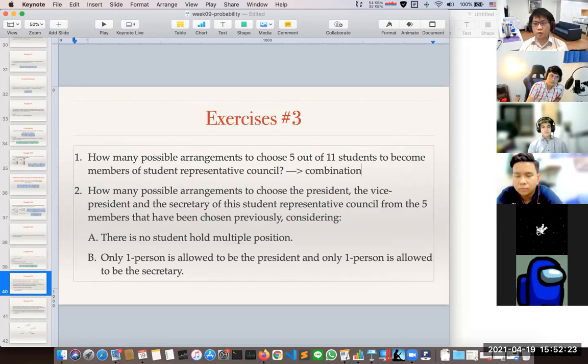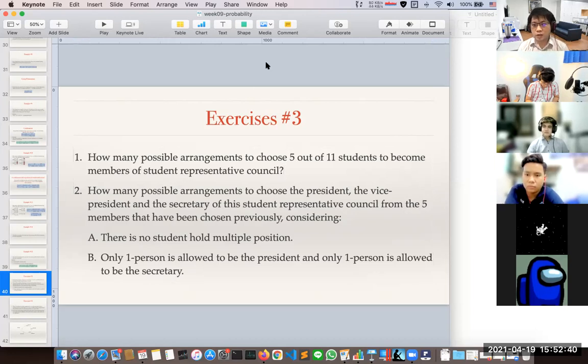This one is more likely for you to solve using combinations, because at this time you don't need to think about the sequence, about the order. Right. If there are no questions, then yeah, we'll see you.